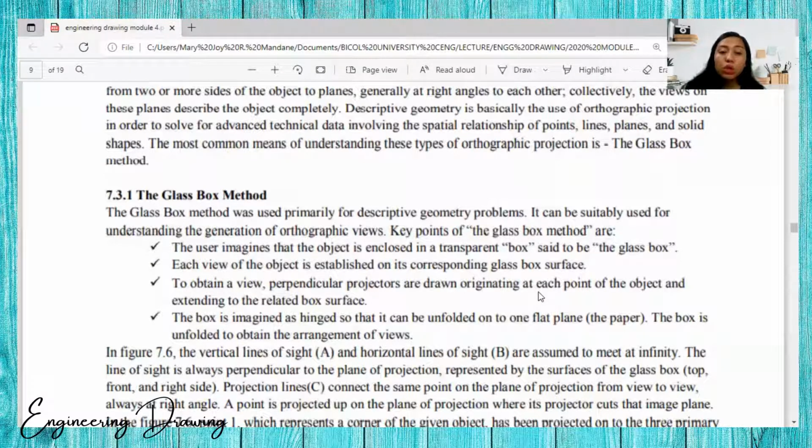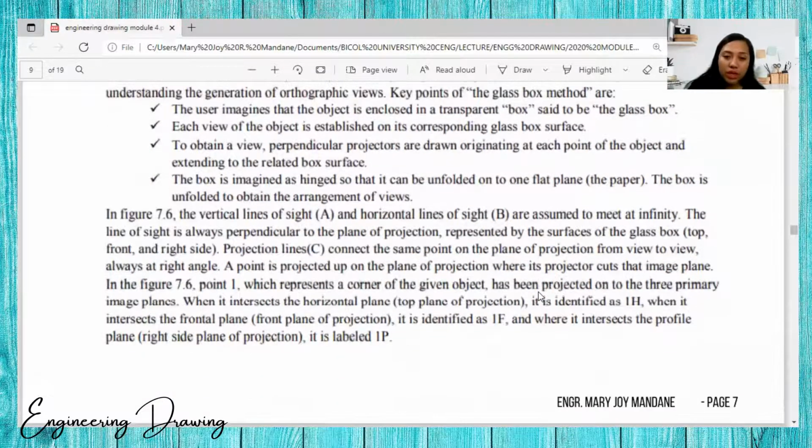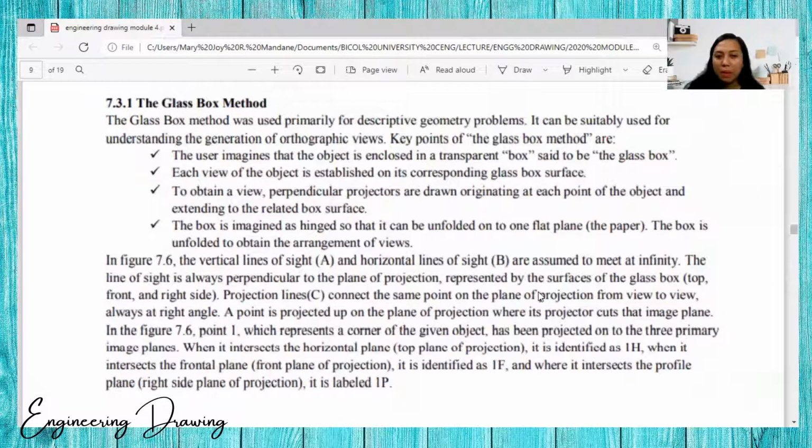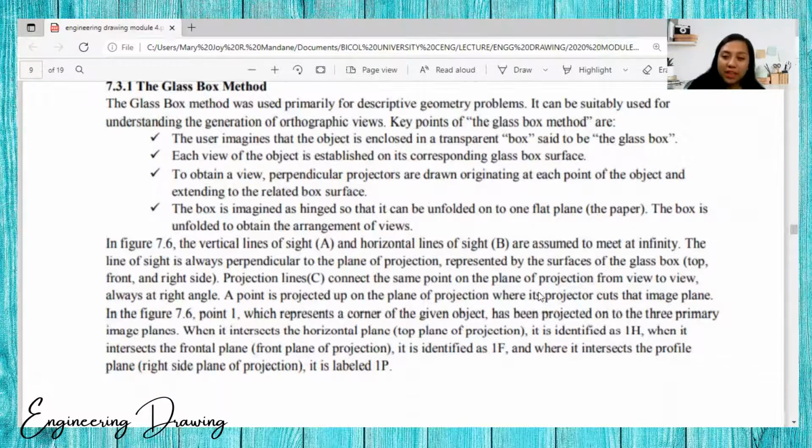And the box is imagined as hinged so that it can be unfolded onto one flat paper. The box is unfolded to obtain the arrangement of the views. So in figure 7.6 below, the vertical lines of sight A and the horizontal lines of sight B are assumed to meet at infinity.